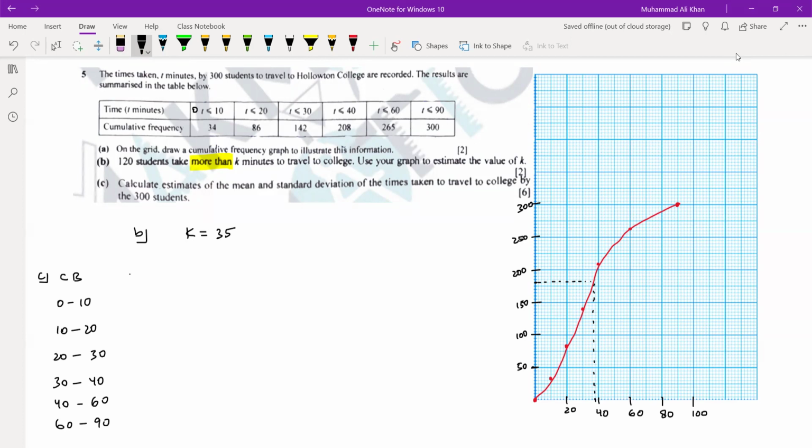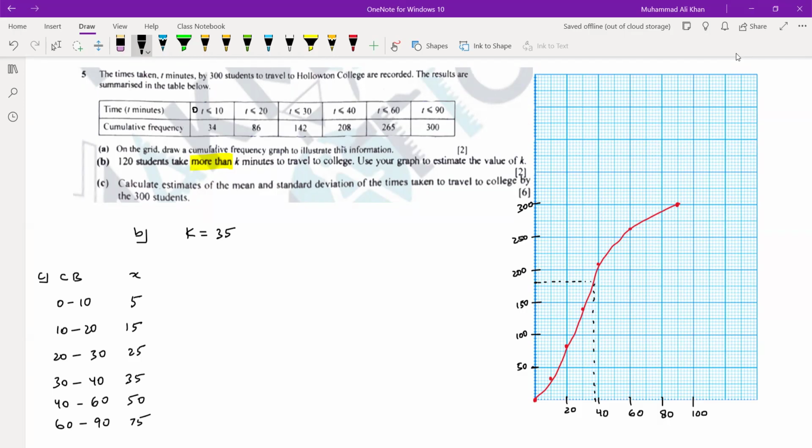Make a column of mid values, x: 0 plus 10 divided by 2 is 5, 15, 25, 35. We are adding both values divided by 2, 50, 75.